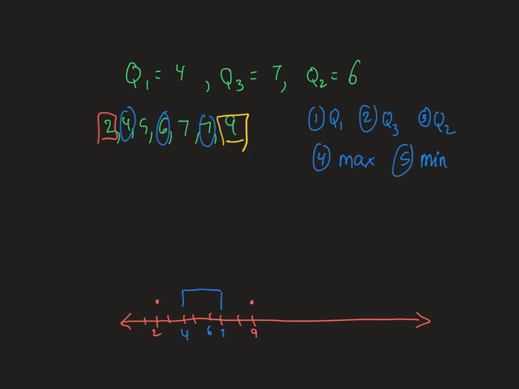Then you're going to connect them. And you're also going to put your median. So Q1, Q2, Q3. Now they call this a box and whiskers graph mainly because here's your box and here are your whiskers. As you can see, most of your data takes place between the Q1 and the Q3.